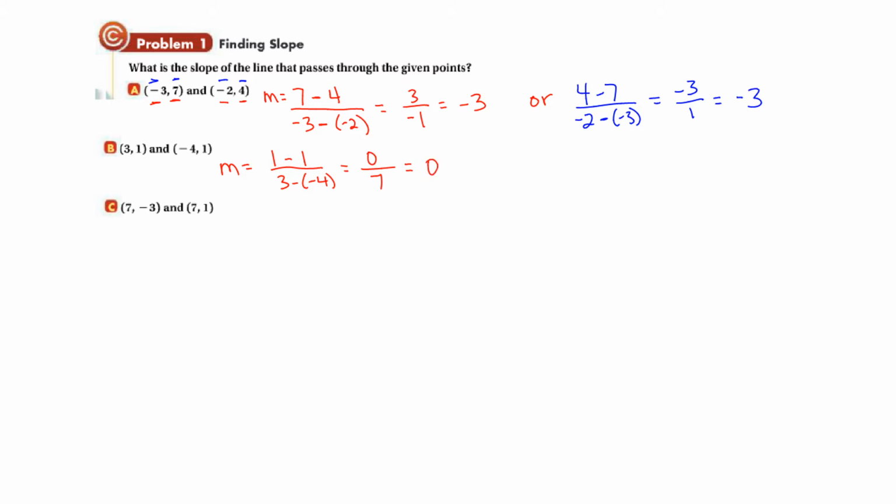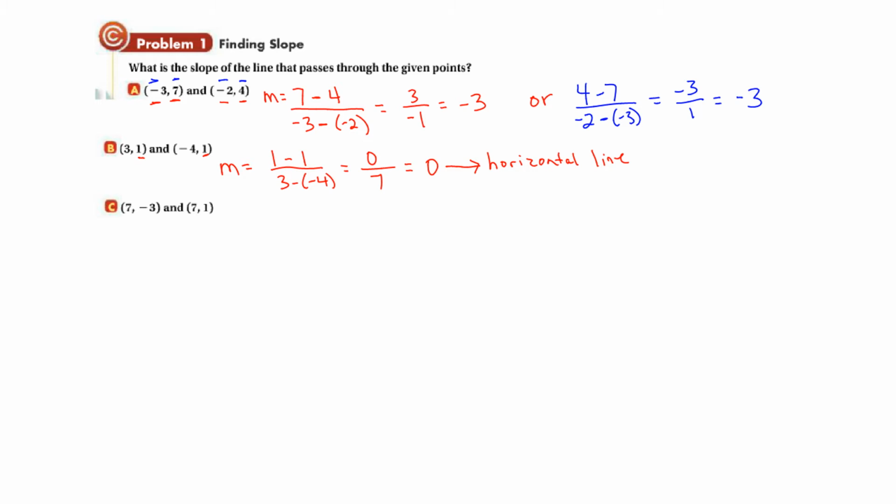And if I have a slope of 0, that indicates a horizontal line, which means that all my y values will be the same.